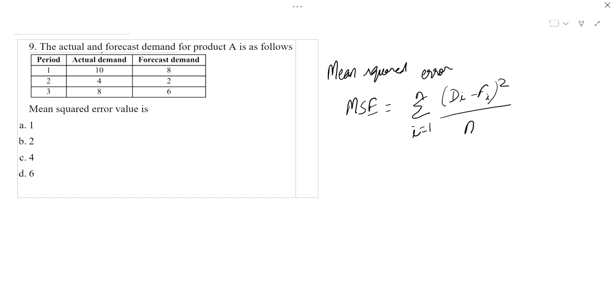Now here we need to find out the error of each period.